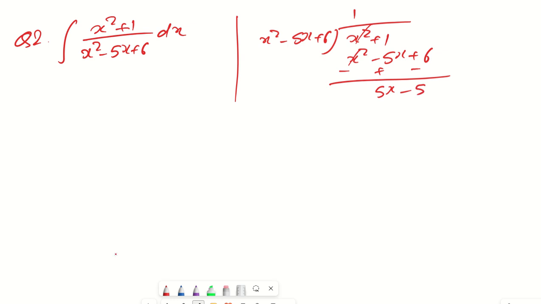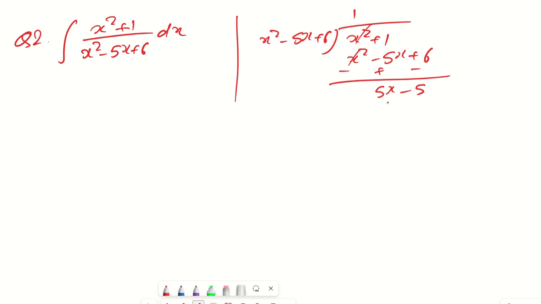Okay. Now what will be the next one? We can do this up to this much only, because see, if you do that like x or something, it will become x cube or something. So anyway, my remainder is less than x square, so we can have this as quotient and this as remainder.